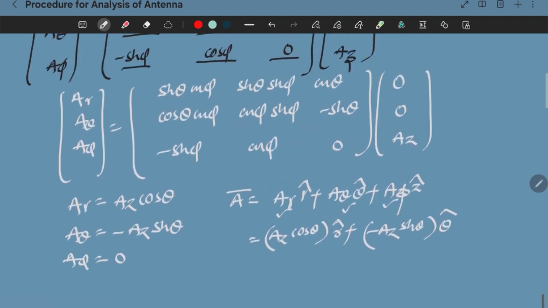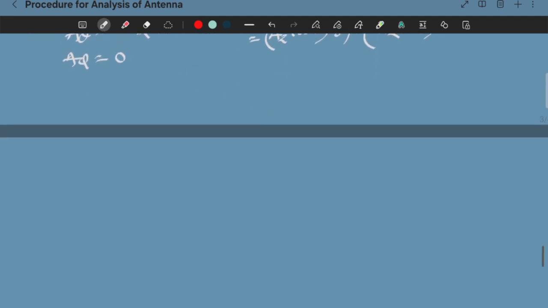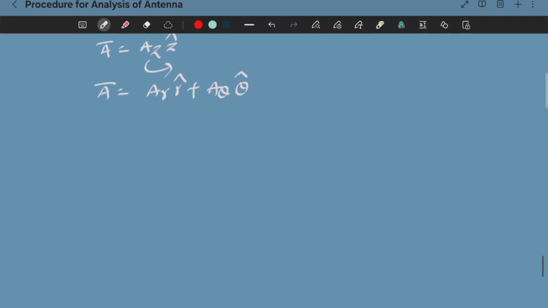So interestingly, when you write A bar in Cartesian, only one component is there. But if you write the same A bar in spherical, we got 2 components, AR and A theta. You need to concentrate on this one, okay? Then I'm writing now AR as AZ cos theta.